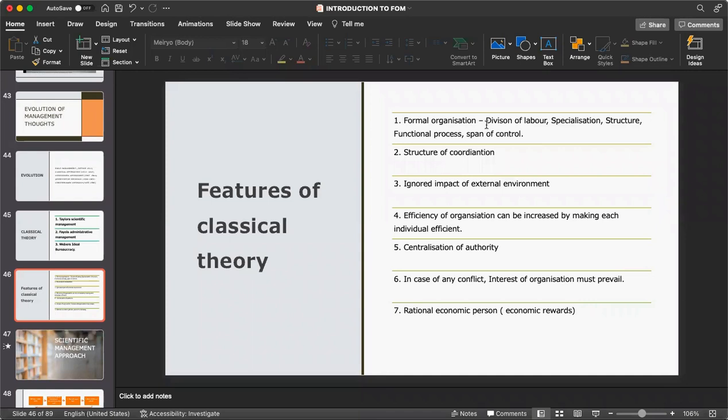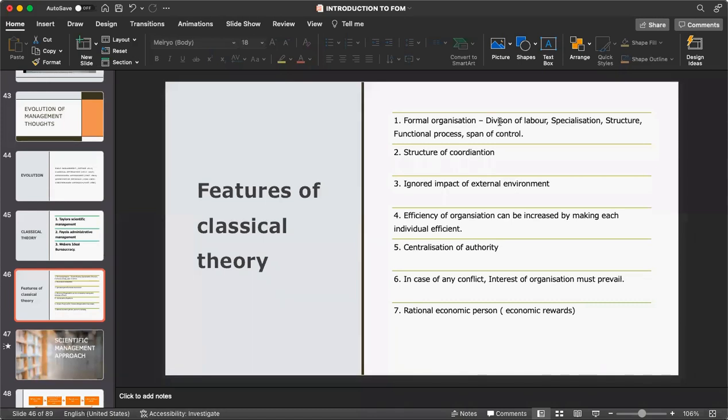Now, the first important point which comes under formal organization is your division of labor. Everyone knows that in each and every organization it depends on their perspective. For example, I'm talking about the manufacturing industry. Under manufacturing industry, there are different teams and different departments, and different departments have different requirements of labor.